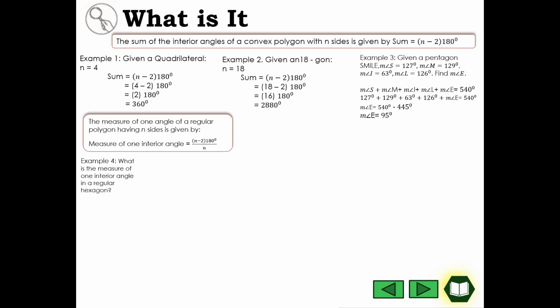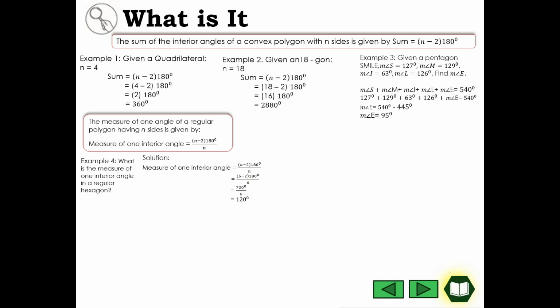Okay, so let us have an example. What is the measure of one interior angle in a regular hexagon? So this time around we have a hexagon. So if we have a hexagon, n is equal to what? How many sides does a hexagon have? So we have 6.